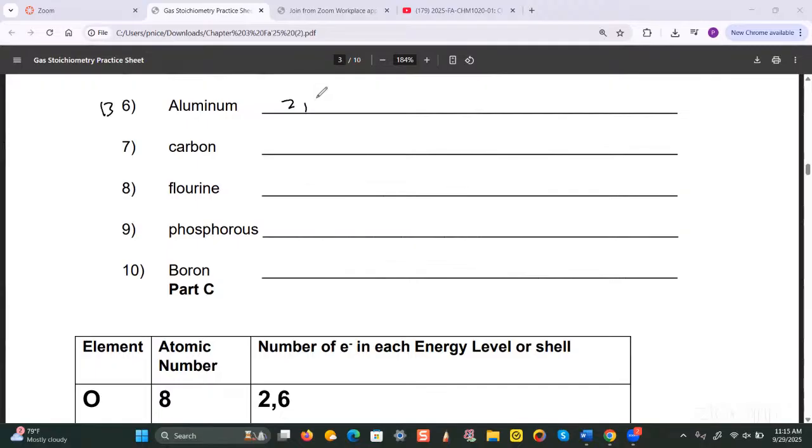The maximum number of electrons that can go in the second shell is what? 8. And then what? Remember now, it's 13 electrons. 3, exactly.